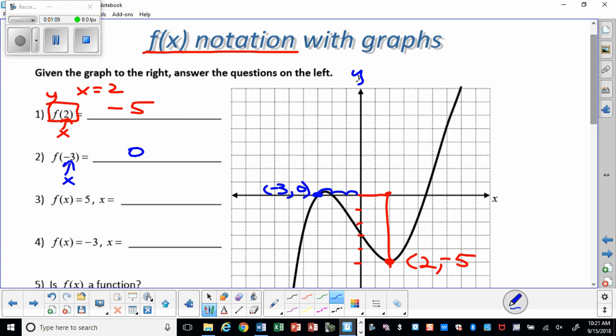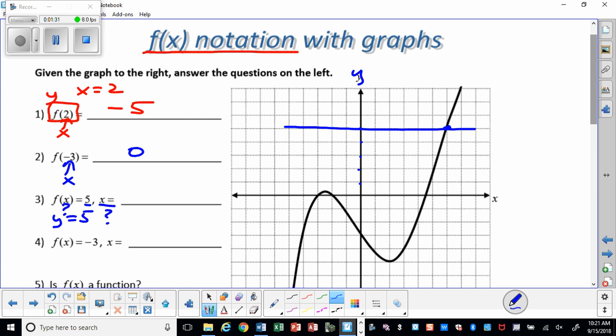All right, now here we're given, we don't know x, right? X is a question mark. We have no idea what's going in, but we do know what comes out, right? We do know y equals 5. So I'm going to come over here, and I'm looking at my y-axis, 1, 2, 3, 4, 5.